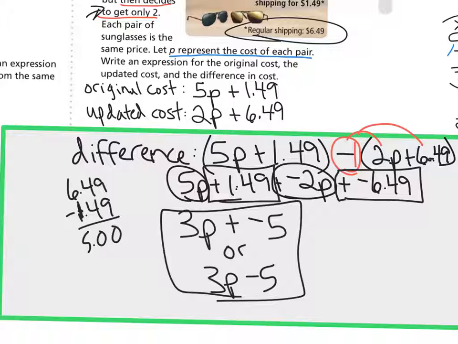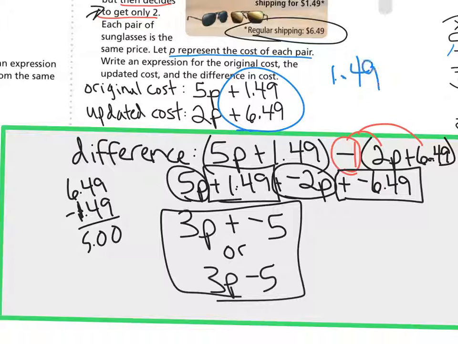You could try to get this just by subtracting, like saying, well, 6.49 minus $1.49 is 5, and then 5P minus 2P is 3P. But then you might think the answer is 3P plus 5. It's actually, if you think about it, right here, if you're subtracting, you're taking the original cost minus the updated cost, so you're actually subtracting more than what you have.